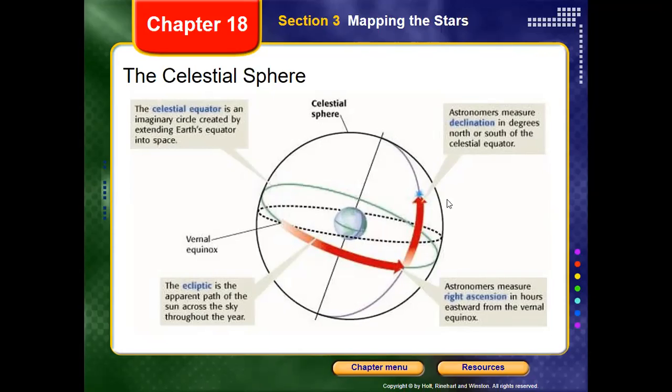So here we talk about the declination, how many degrees it's above or below. Then we need to know where it is regarding the center of the sky, which is the vernal equinox. That means how far it is eastward. What is the vernal equinox? At the first day of spring, the sun will be here.